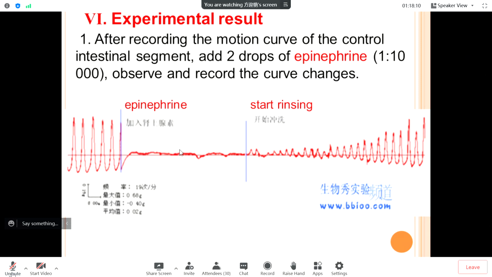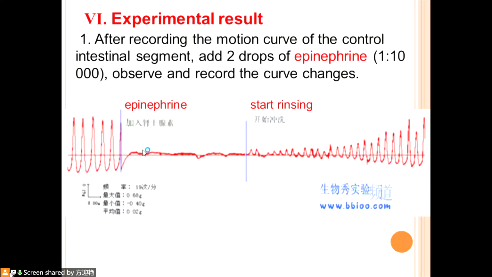We can see the amplitude or the rate of the contraction. After dropping the epinephrine, we can see this curve decrease.